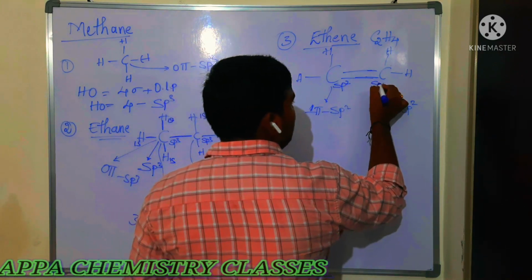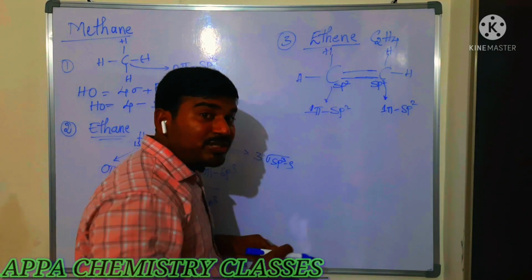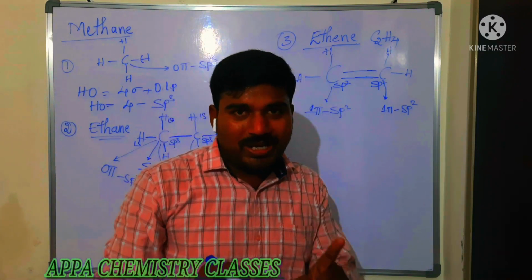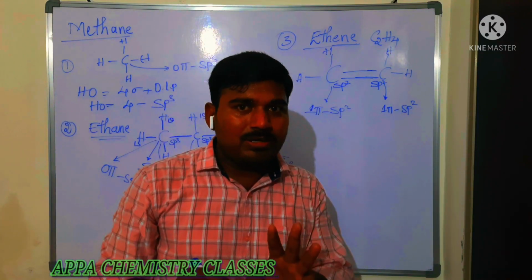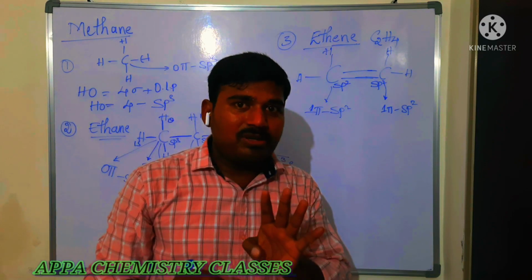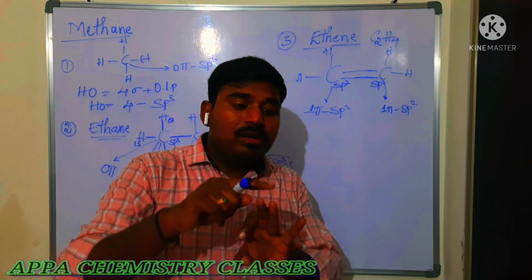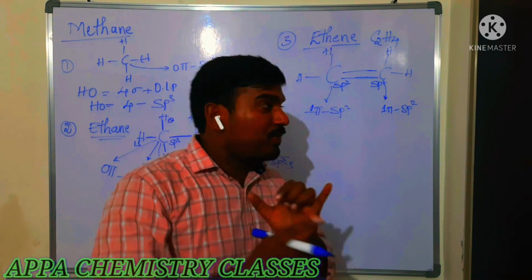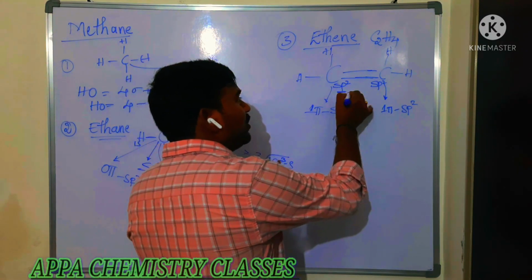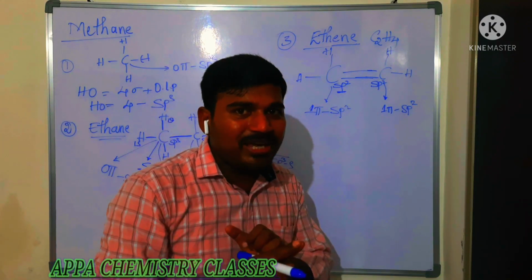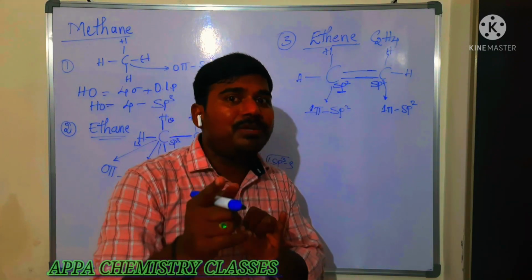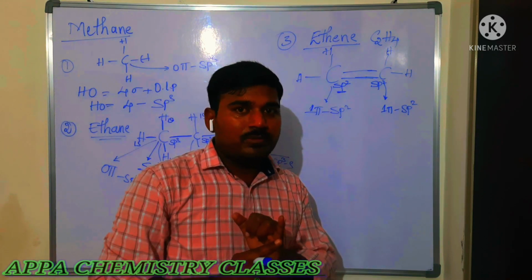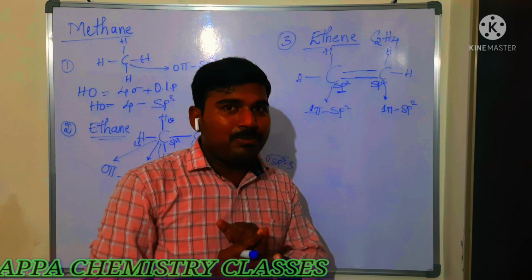It means out of one s orbital and 3 p orbitals, out of these 4 orbitals, one s orbital and 2 p orbitals are involved in hybridization. One more p orbital is not involved here. Only 2 p orbitals are involved in hybridization, which means one p orbital containing an unpaired electron is free, not participating in hybridization.